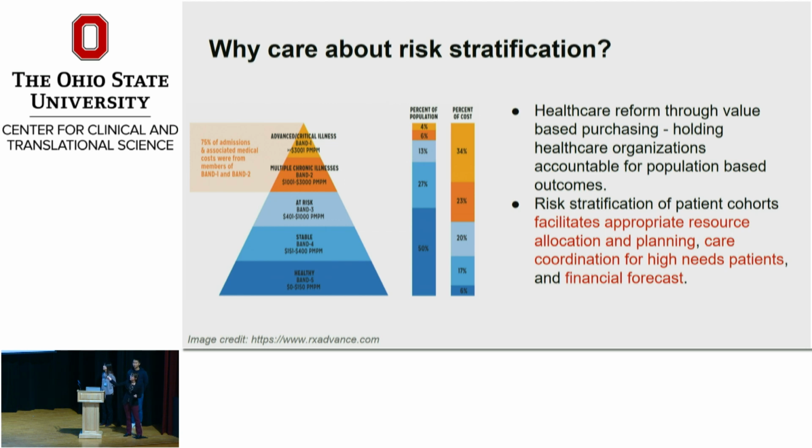These people right here are 75% of the admissions. They're a huge percentage of the cost, but they're a small percentage of the population. So risk stratification is trying to understand as soon as possible who your patients are that are at highest risk, so that you can coordinate their care and hopefully lower costs and improve outcomes.